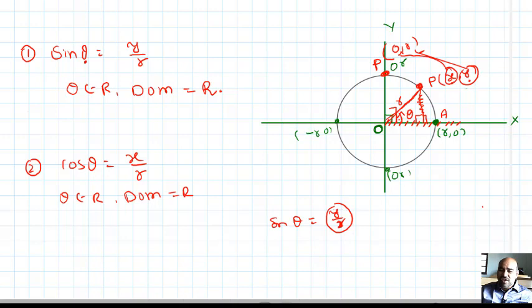That is important. In that case we will get y equal to r, and in that situation sin theta is 1. In what situations is y equal to r? If your angle is 90 degrees, or 360 plus 90, or 2 times 360 plus 90, for such angles y equals r, and for such angles sin theta equals 1.